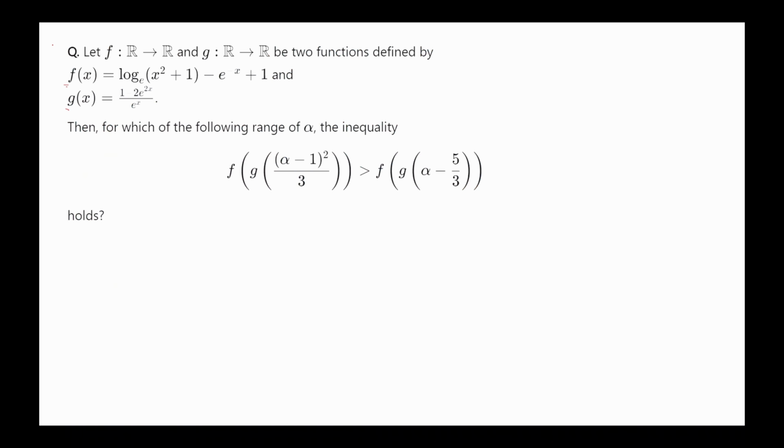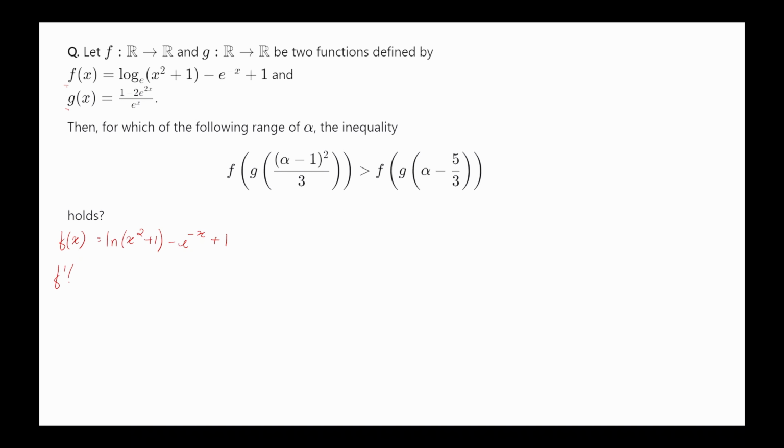So first, let us start with f of x. My f of x is given as ln of x square plus 1 minus e to the power minus x plus 1. Again, I'm taking ln because they've given us our base as e, so log e is nothing but ln.